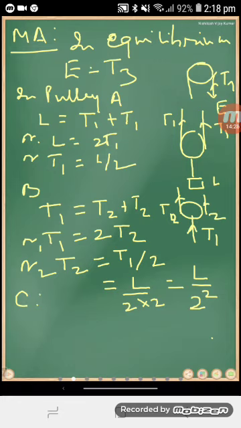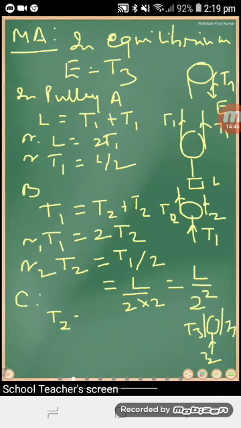Then for pulley C, if you observe, T2 was this one and T3 on the two arms. So here T2 was equal to T3 plus T3, or we can write T3 is equal to T2 by 2.